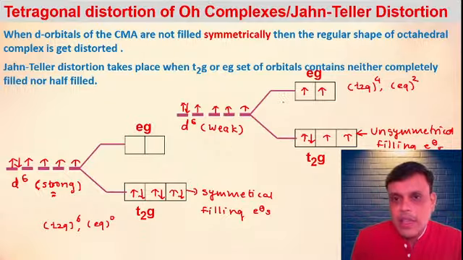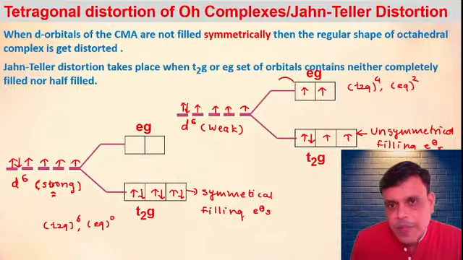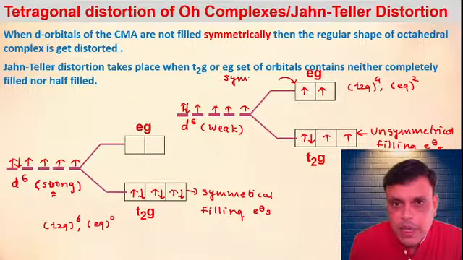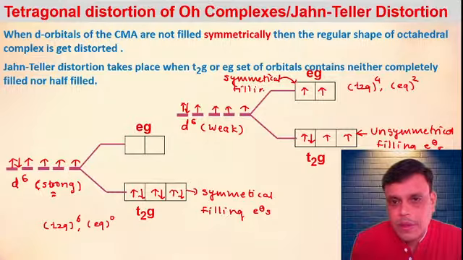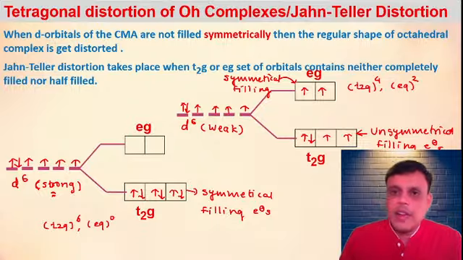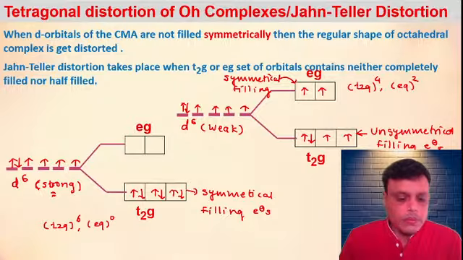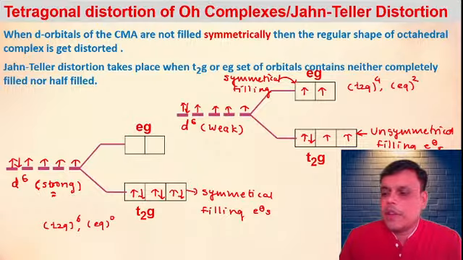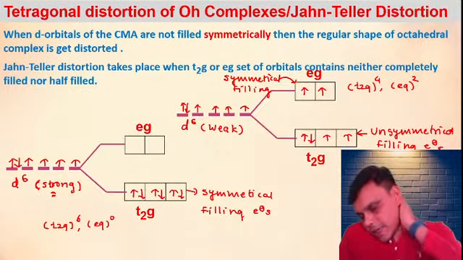In case of eg, it is exactly half filled, so it is called symmetrical filling. So understood symmetrical and unsymmetrical filling? Yes or no?